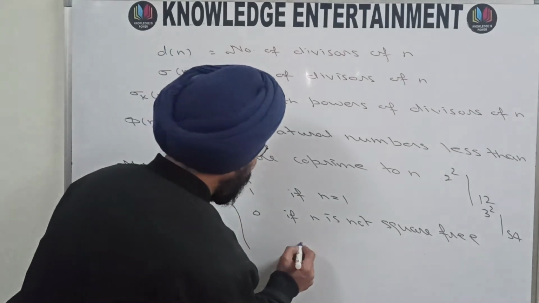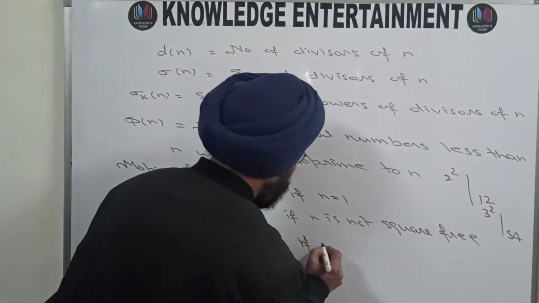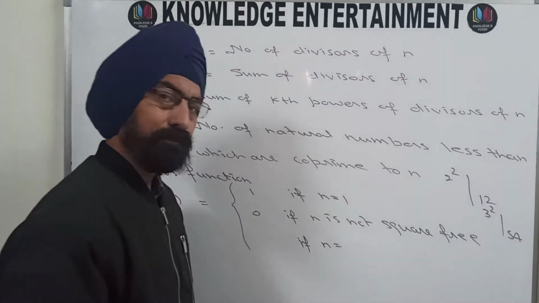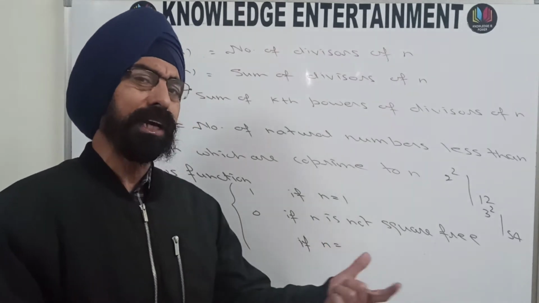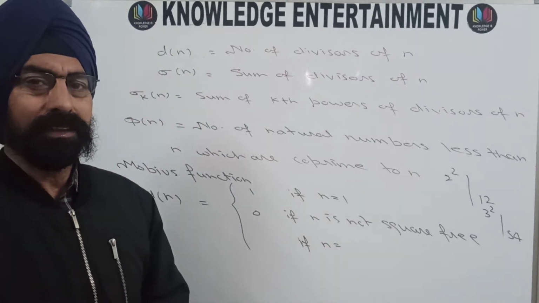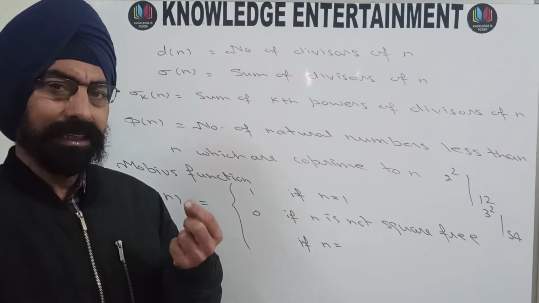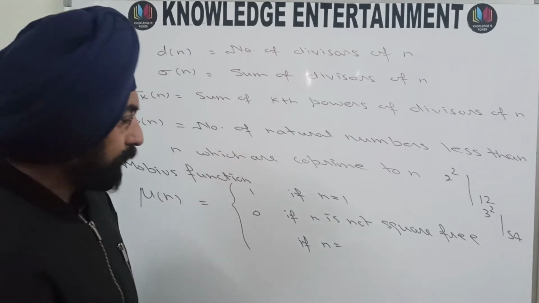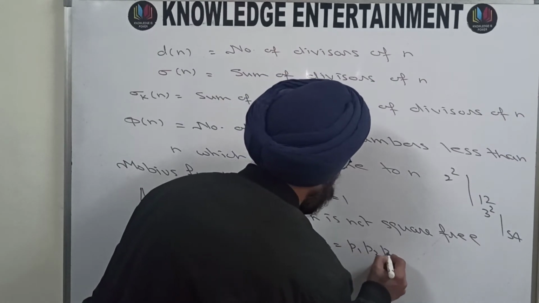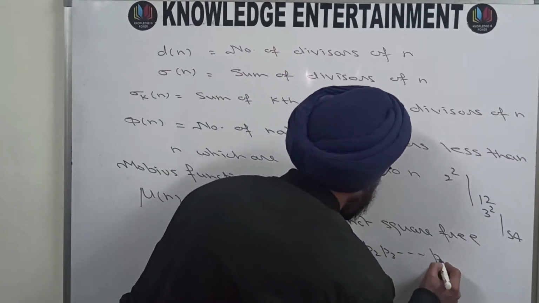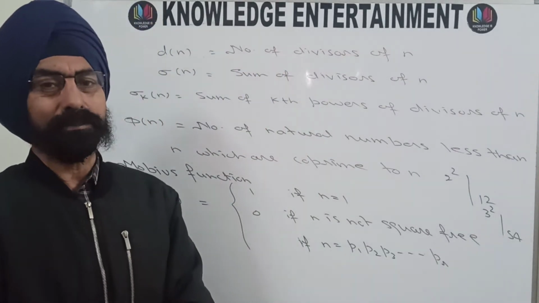And the third case, the last case, is if n is square free. If n is square free, then in the canonical form of n, the prime numbers will occur with power 1 only. That means n can be written as p1 p2 p3 and so on up to pr, where these pi's are distinct primes.